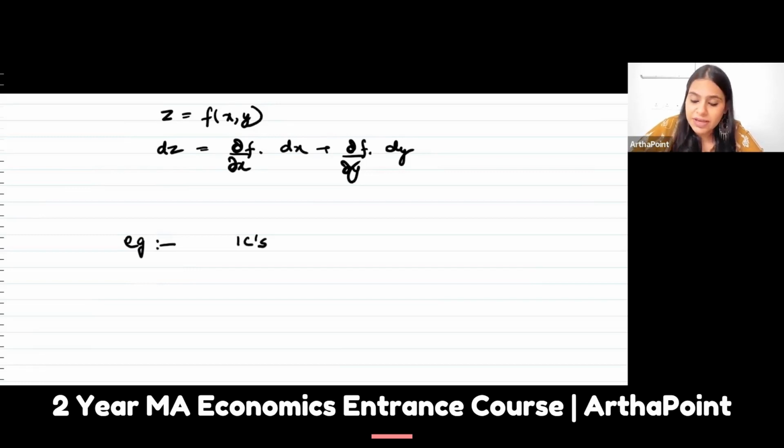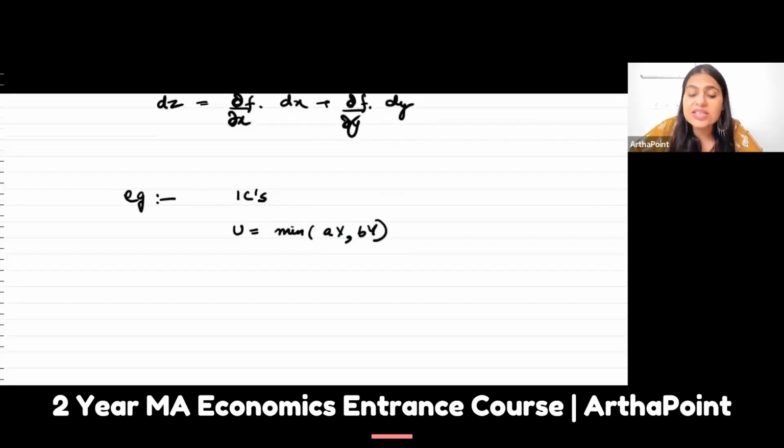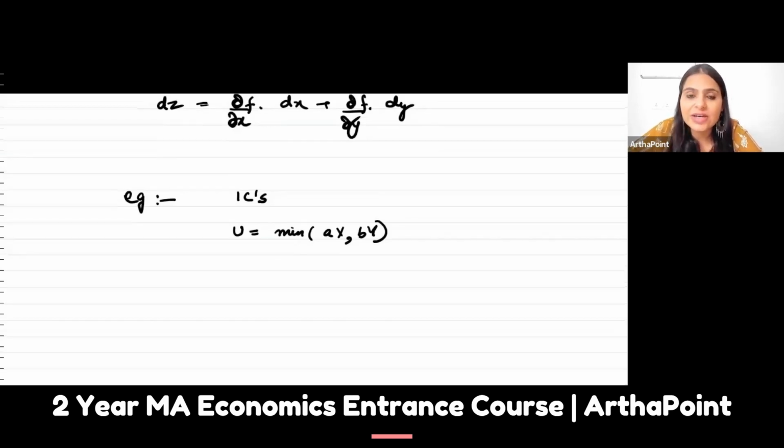In intermediate micro, you will learn U is equal to min of AX, BY. But in the advanced level of microeconomics that you will be doing in your second year of this program, you will learn this. U is equal to min of XY plus max of XY.